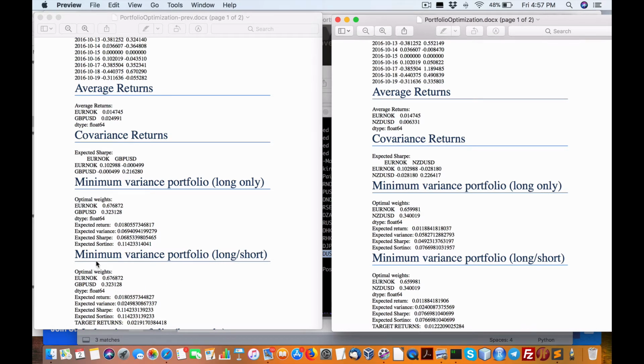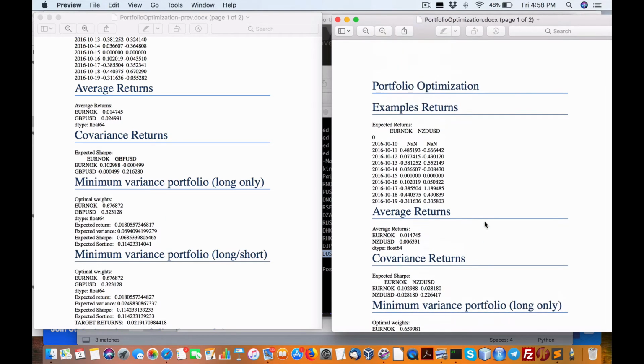Now, when you take that with the minimum variance portfolio, with the long and short, you will notice it's pretty well the same, a 1.8 for the expected return, and the expected Sharpe actually is higher with 11.4, and expected Sortino is the same. But again, there's no allocation on the Norwegian kroner and the US dollar, so this would stay long.